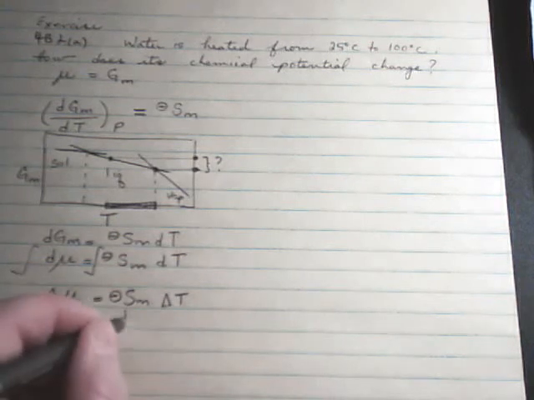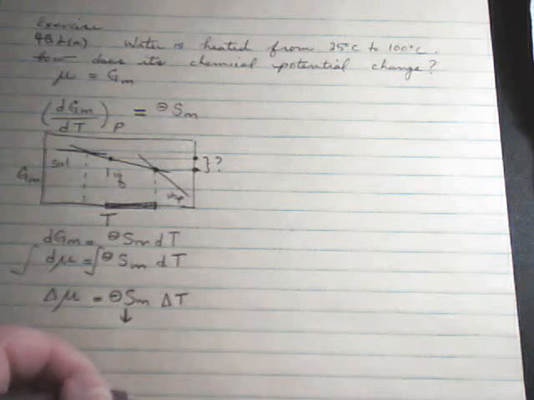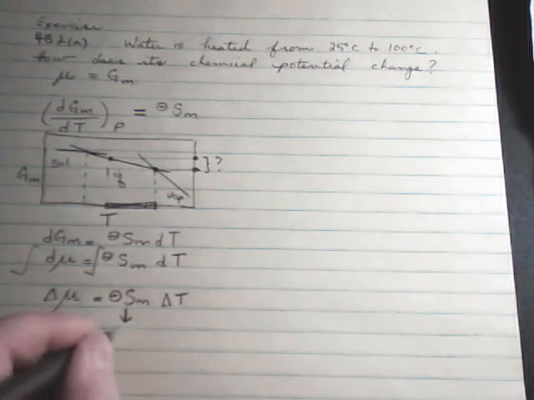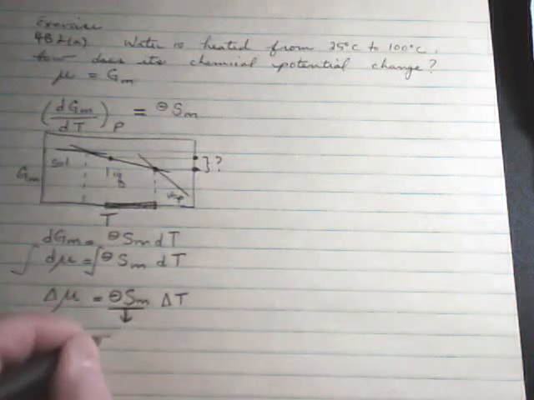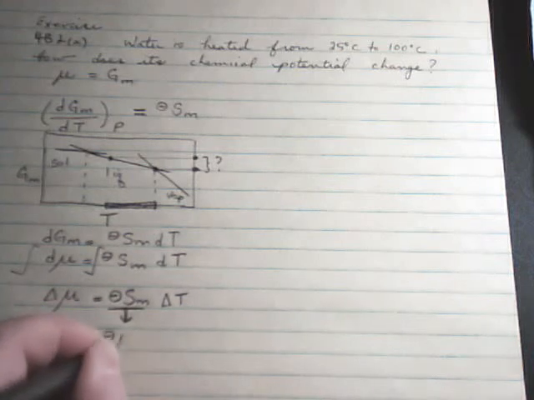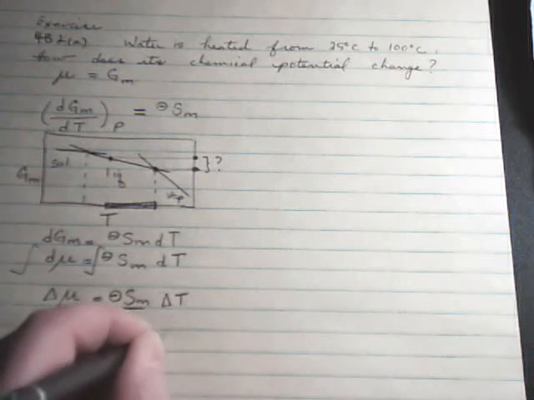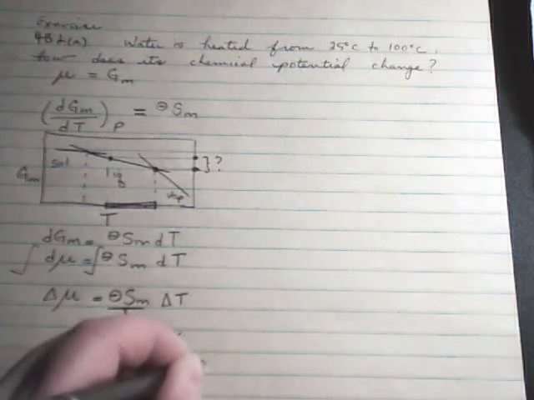So this I can actually look up in a table. I know it's not given in this question, but it's given at the end of the text in a data table. And negative Sm is negative 69.91 joules per kelvin mole.